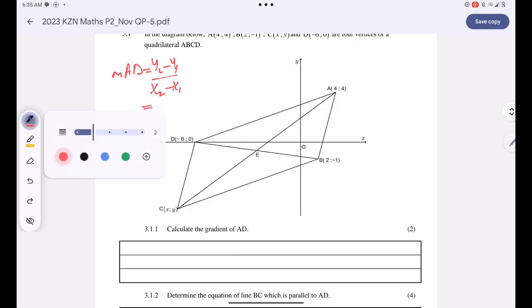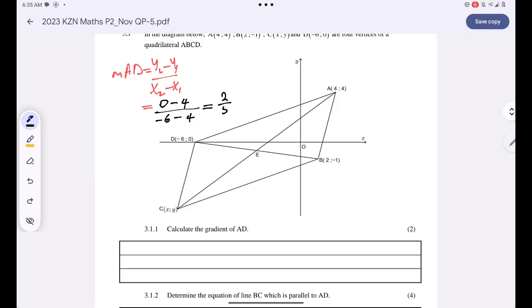This is simply the y value at D minus the y value at A, all over the x value at D minus the x value at A, and this will give me negative 4 over negative 10.